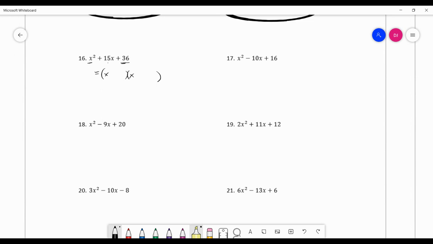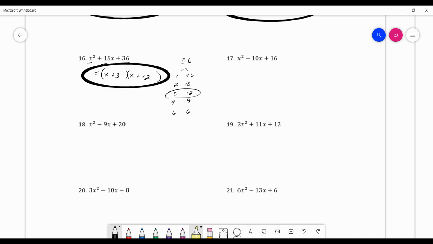Again, I can take 36 and list the possible factors: 1 and 36, 2 and 18, 3 and 12, 4 and 9, 6 and 6. Which combination of factors will add up to 15? That's the 3 and 12. So x plus 3 and x plus 12.